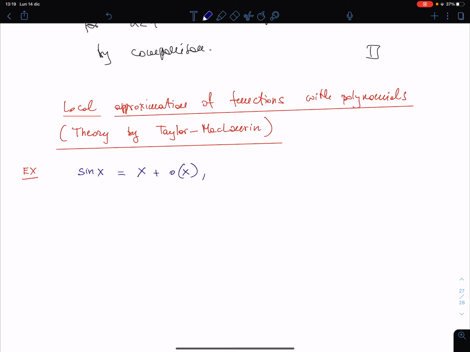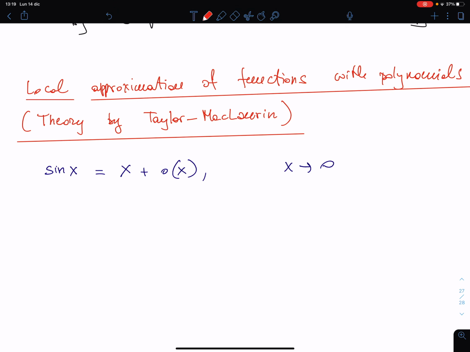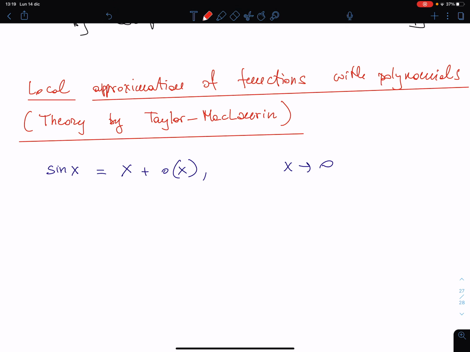Of course, for x going to 0. So this is a very harmless expression we know very well, we already used several times, but I want to start reading it in a different way.